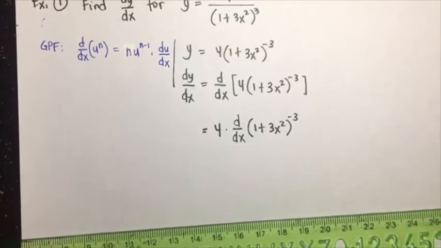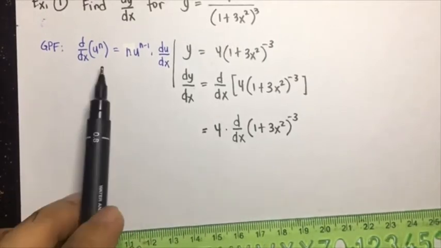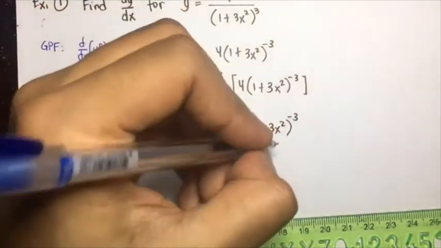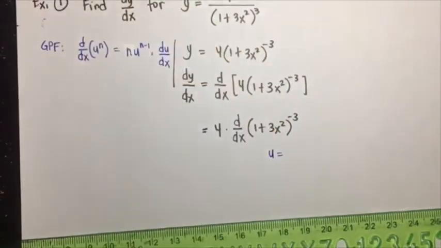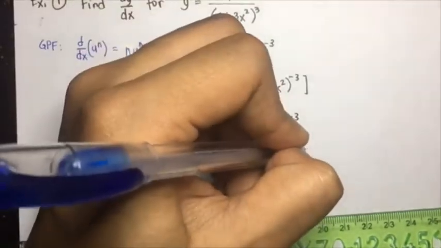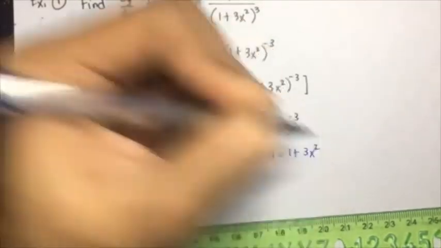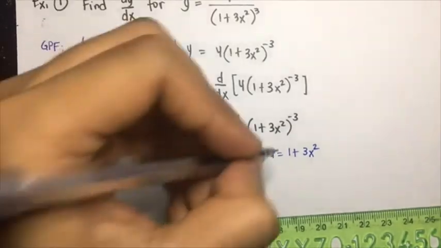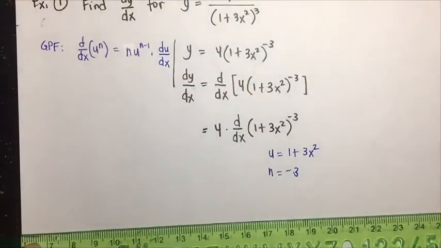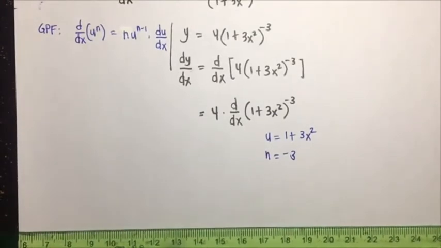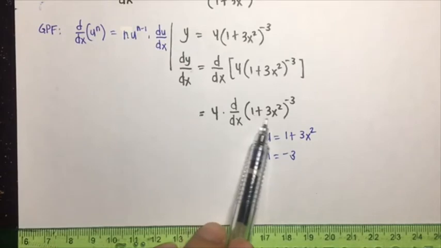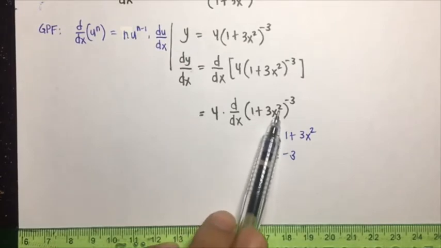Here we will follow the general power formula. Here our u is 1 plus 3x squared, and our n is equal to negative 3.